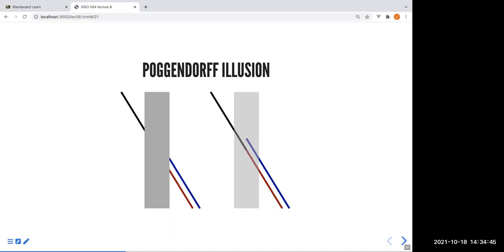Because these objects are touching, the brain interprets them as 3D objects, and it has to decide whether the black line is coming from the blue line or from the red line. Because the colors are closer between black and blue, it associates it with the blue line. So your impression is that you see a continuous line, when it's actually attached to the red line.